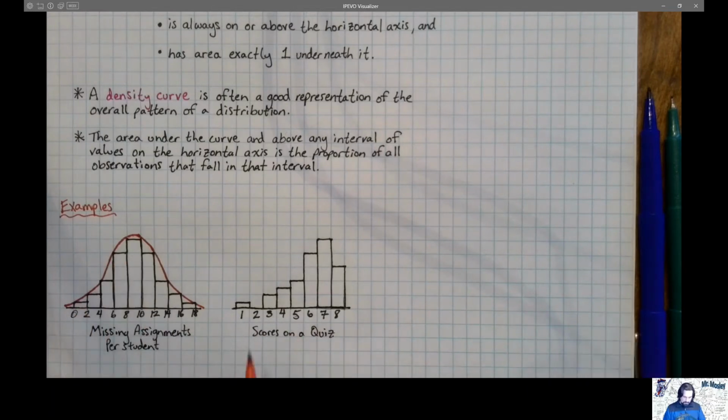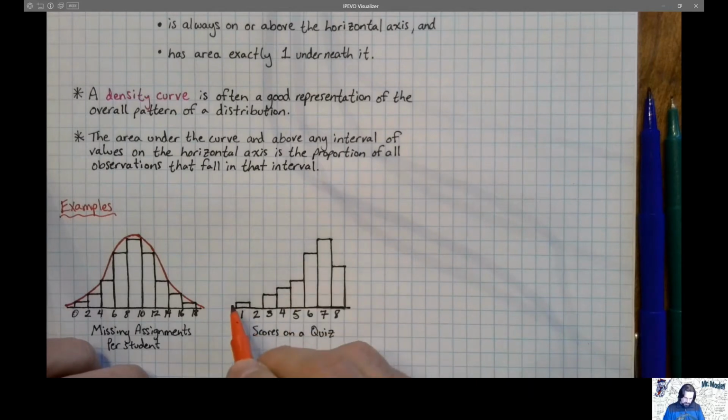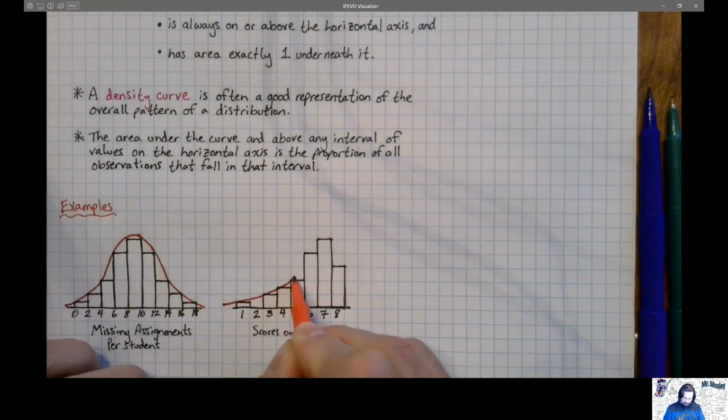This other example here is obviously skewed. It's skewed to the left because that's the direction our tail is in. It represents the scores on a quiz, the distribution of scores. They range from 1 to 8. In this case, I'm not going to curve the tail here. I'm just going to allow it to progress up.